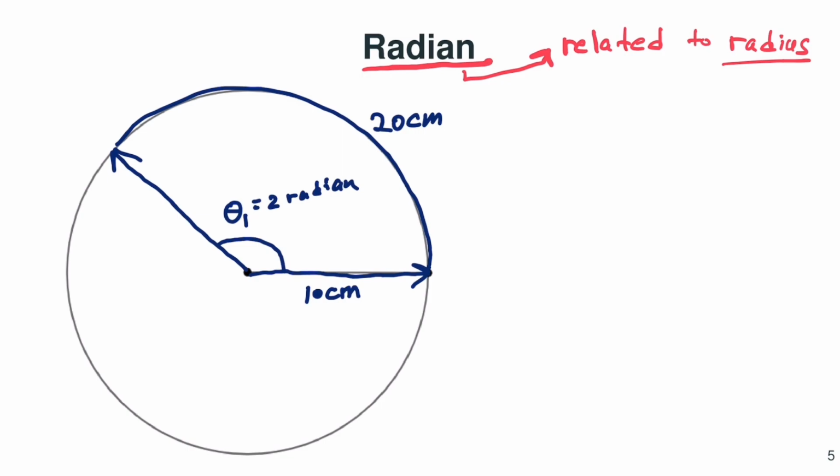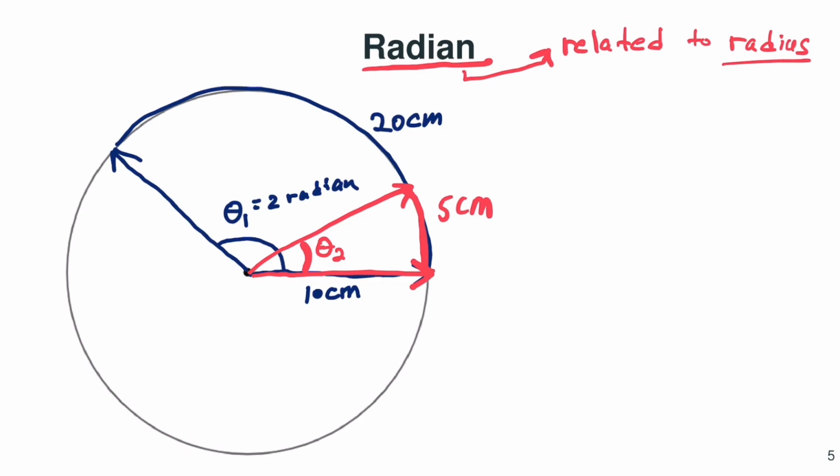Let's look at another example. Let's have another angle start from here, same ray, look at the red, and maybe let's look at this angle. Let's call this angle theta 2. And it turns out, let's say this arc length is 5 centimeters.